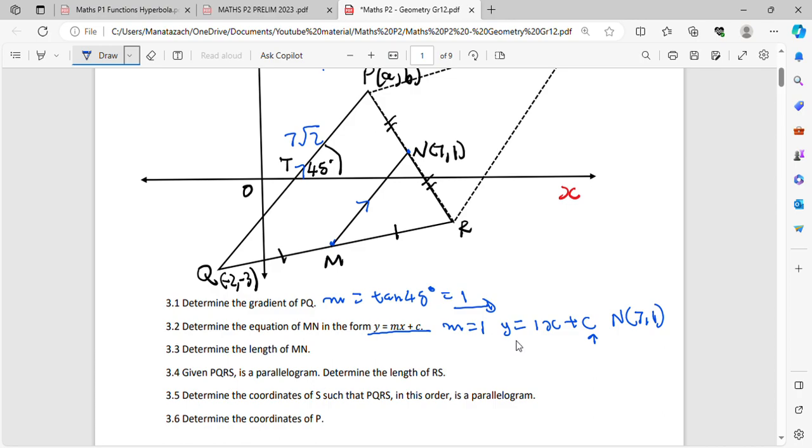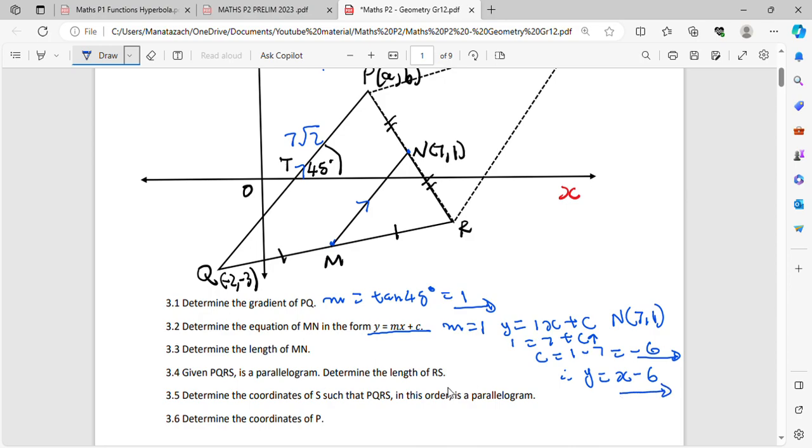The y coordinate is 1, the x is 7, plus c. That means c is going to be 1 minus 7, which is minus 6. Therefore, we can conclude that the equation for MN is y = x − 6.